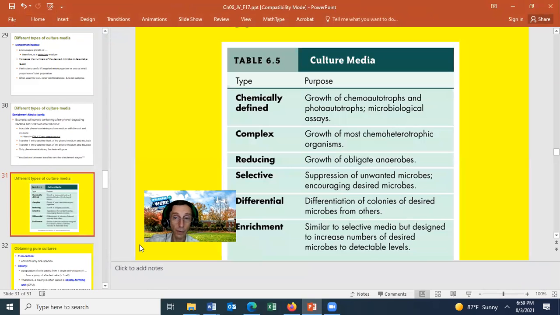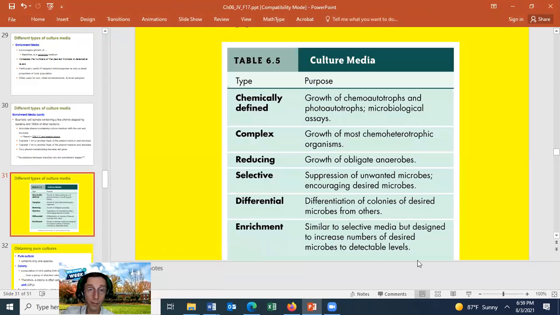This table is showing you the different types, the summary table. Chemically defined media is used for growing autotrophs. You know all the molecules in it. The complex media, the growth of most heterotrophs. The reducing media, for growing obligate anaerobes. A selective media, where you're selecting for certain organisms and selecting against other organisms.